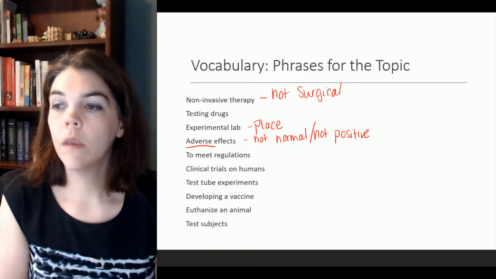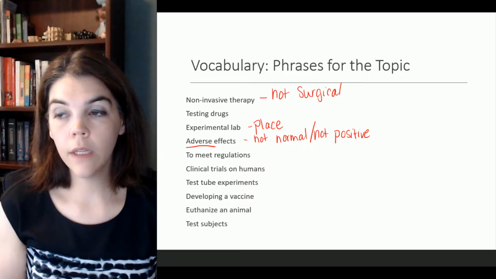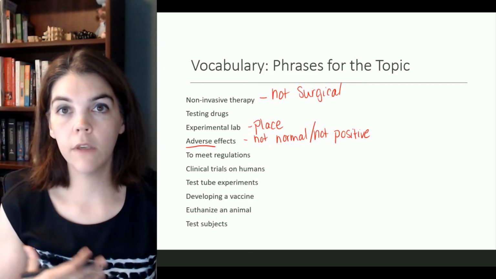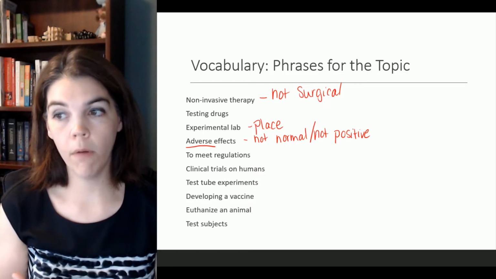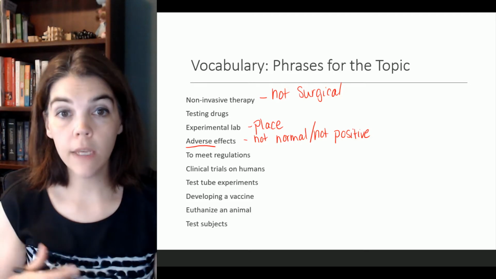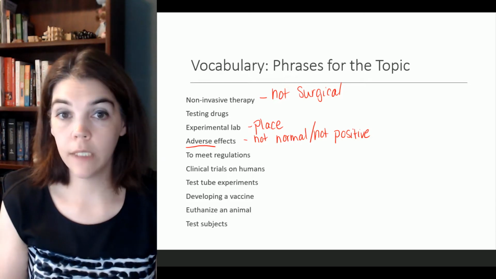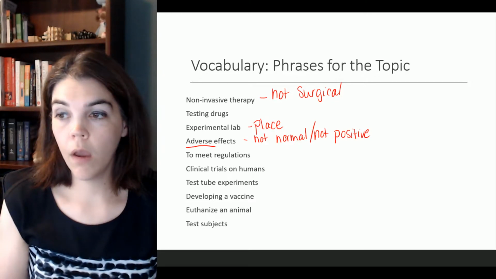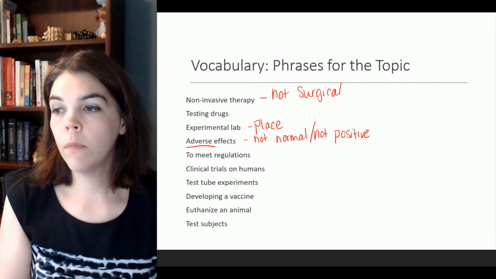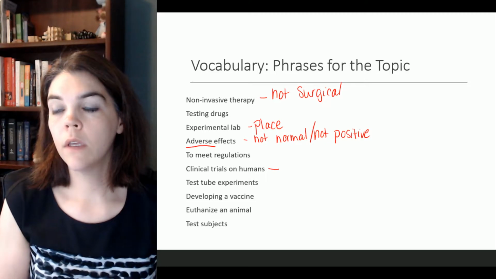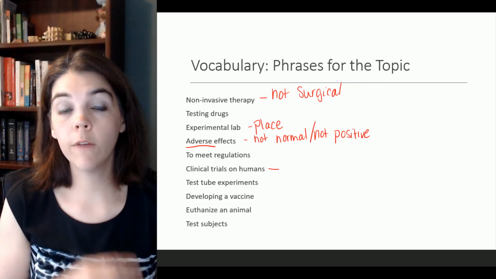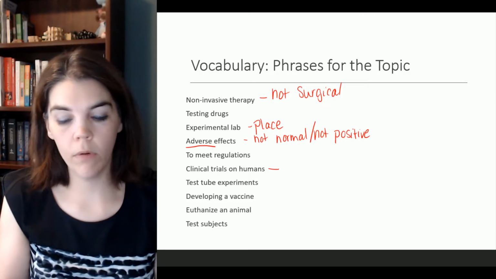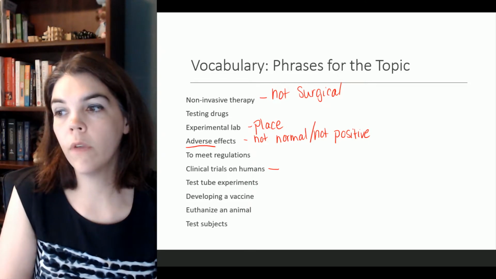Okay. To meet regulations, so if animal testing is regulated by the government, it must meet regulations. Then we have clinical trials on humans. So animal testing takes the place of experiments done on people. And that's what clinical trials are.